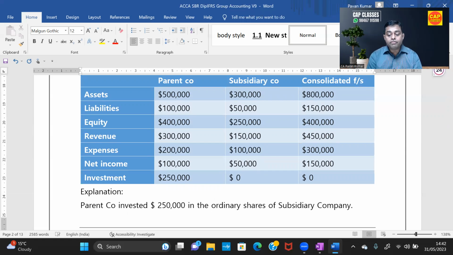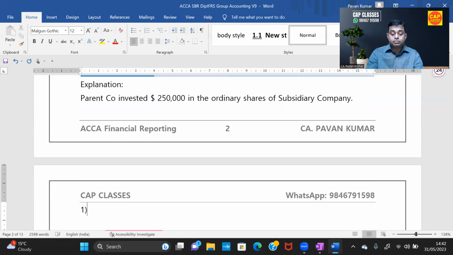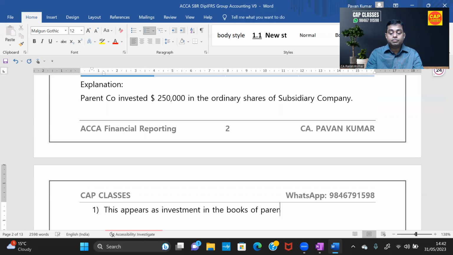This appears as investment in the books of the parent. Agreed? This appears as equity capital in the books of the subsidiary.